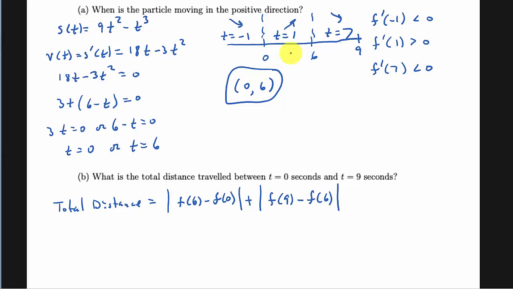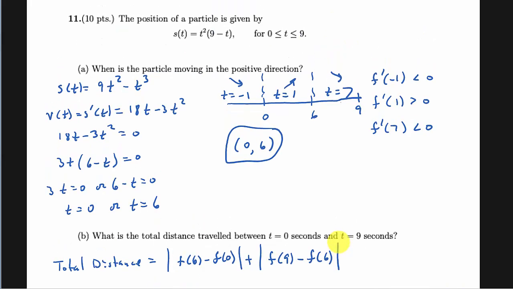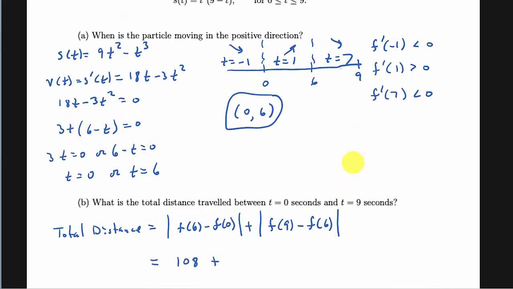And this is equal to 108. That gives you 108. And I don't know why I put f. Let me erase that. You get so used to using certain letters. S.